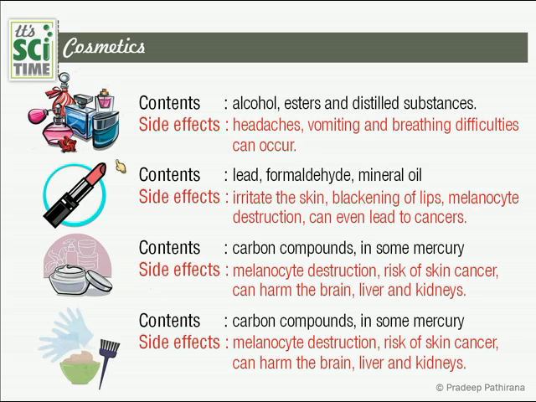And their contents are also explained here, and there are side effects of using them. Because cosmetics are artificial substances, mostly they contain mineral oil types or maybe some formaldehyde types and carbon compounds, and such artificial chemicals can be harmful and can cause some side effects.